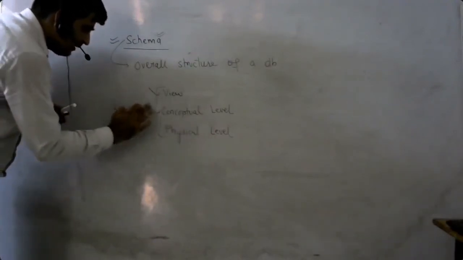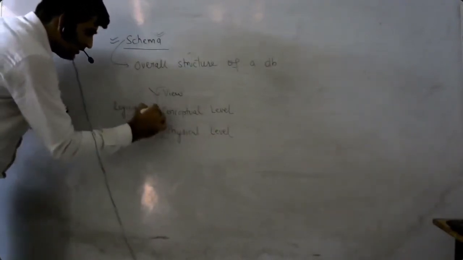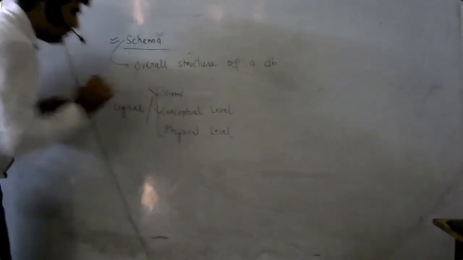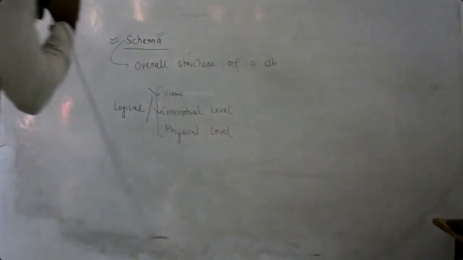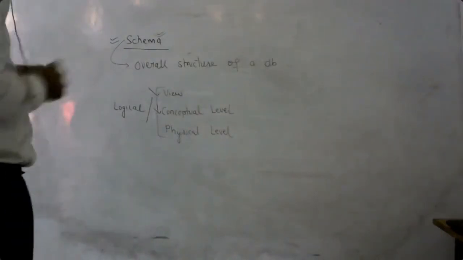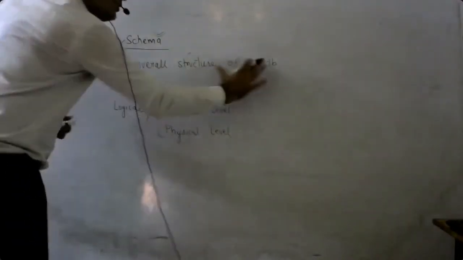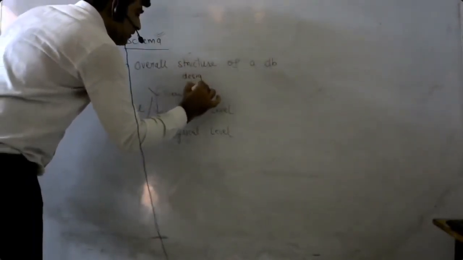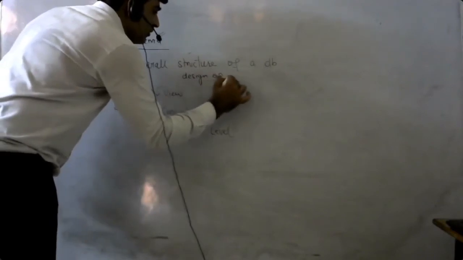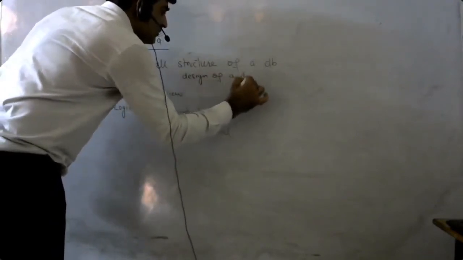When we talk about a schema, first let me explain what we mean by schema. A schema means the overall structure of a database or the design of a database.